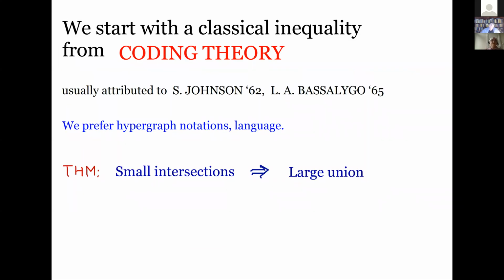And let's start with this inequality, which is about hypergraphs. It really came from coding theory back in the 1960s. Basically it says that if you have a hypergraph, a family of sets where the intersections are small, then the union is large. It's quite natural.